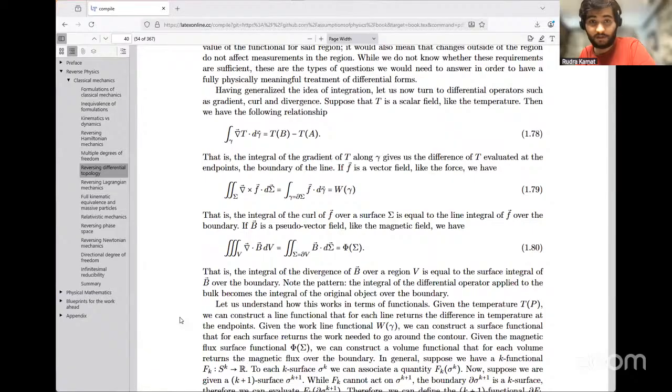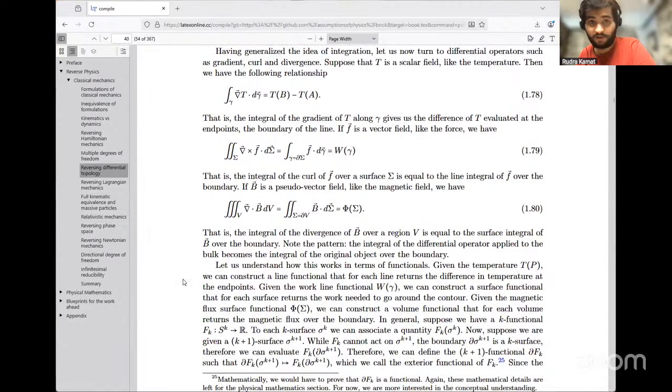That is, the integral of the curl of F over a surface sigma is equal to the line integral of F over the boundary. If B is a pseudo vector field like the magnetic field, we have the volume integral of the divergence of B dV equals the surface integral over sigma, which is the boundary of V, of B dot d sigma, which is the flux over boundary sigma.